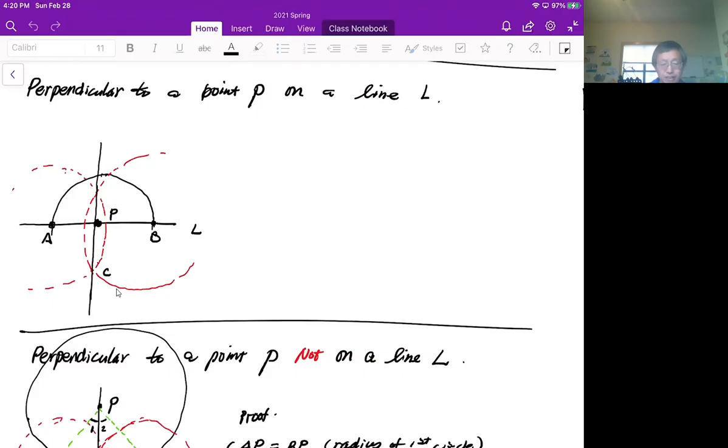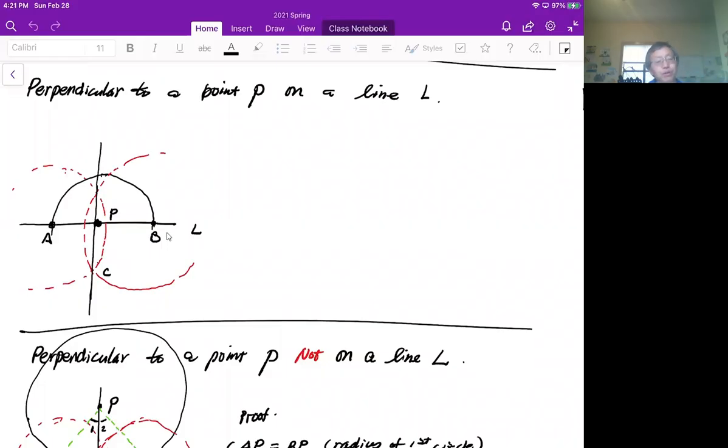You first draw a circle with the center at P and any radius, and that circle intersects the straight line at A and B, right? And then it's just like you are doing the angle bisector.